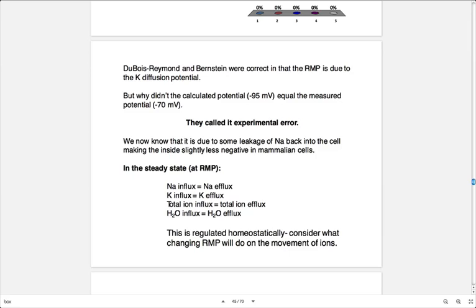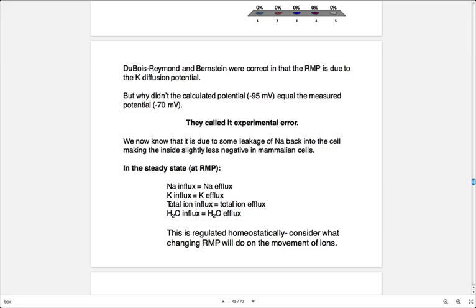So at resting membrane potential at -70, the sodium influx is equal to the sodium efflux. Same with potassium. The number of ions are balanced, and the water is also balanced. So at -70, you reach a steady state.